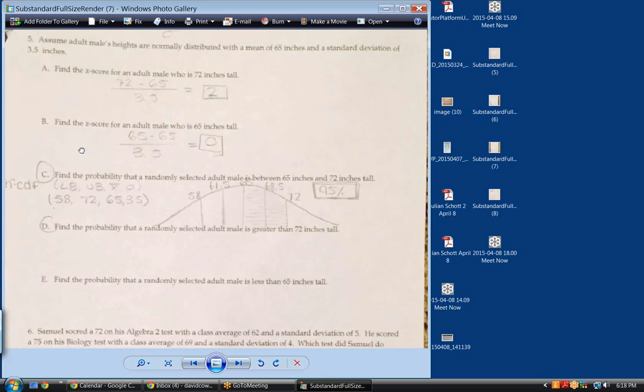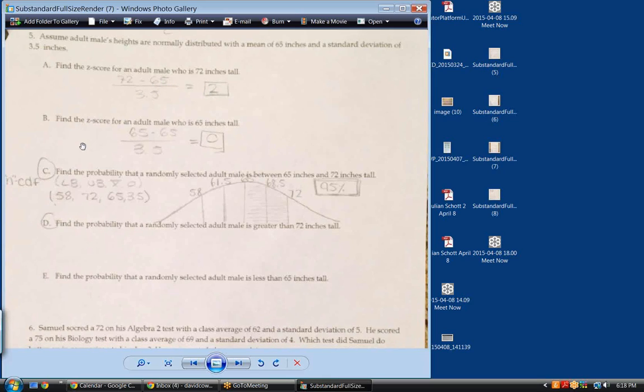Okay. So the Z-score is like 0 in this case for B. Yeah, and I guess the definition of it is like how far away from the mean you are, probably. Or really more like how many standard deviations you are away from the mean.